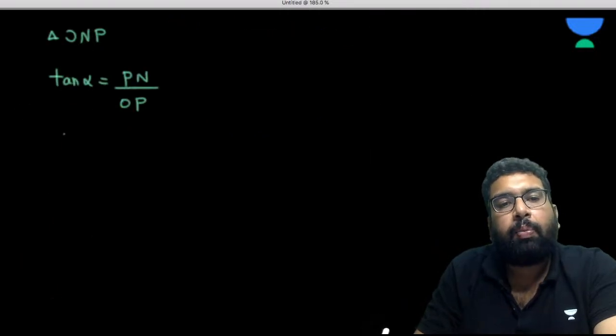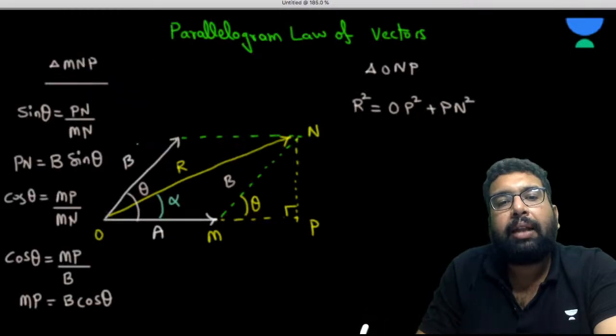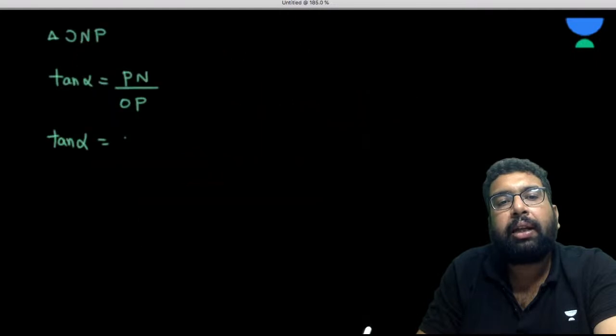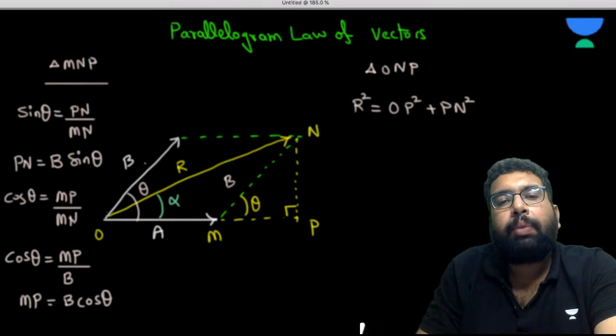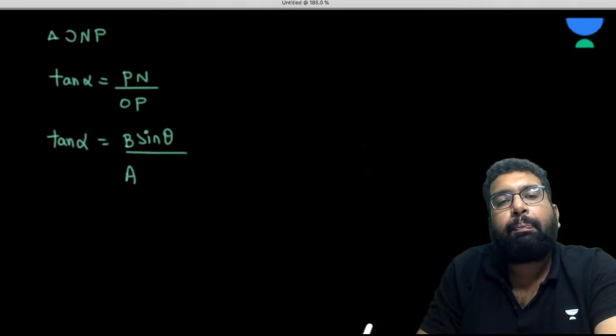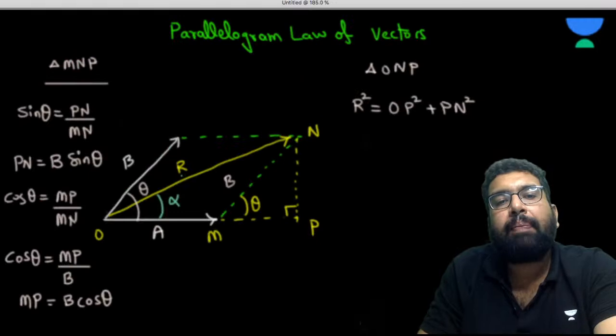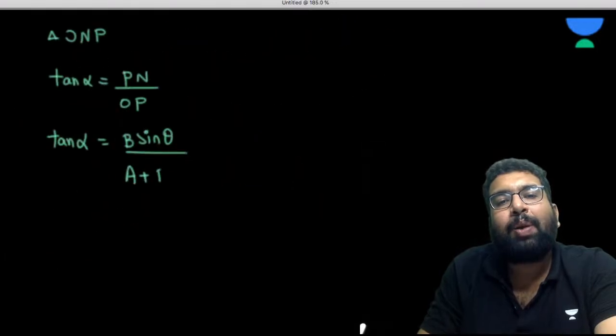Now, from here we can say that tan alpha is equal to Pn. So, Pn is B sine theta, and OP is OM, that is A plus PM. PM is B cos theta.